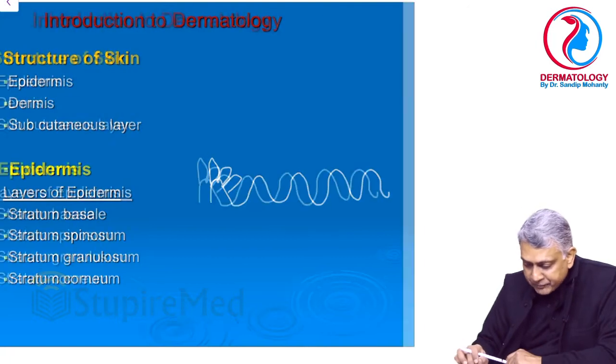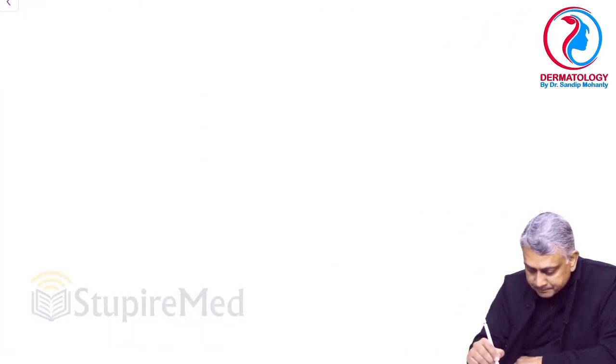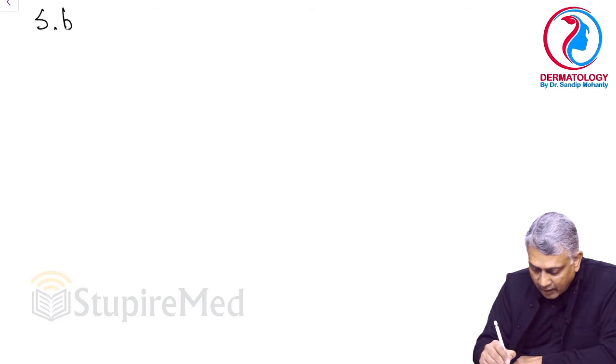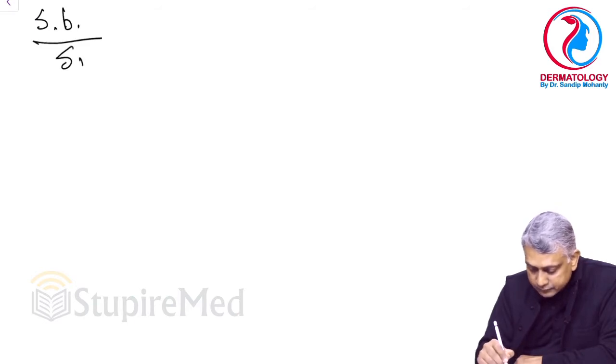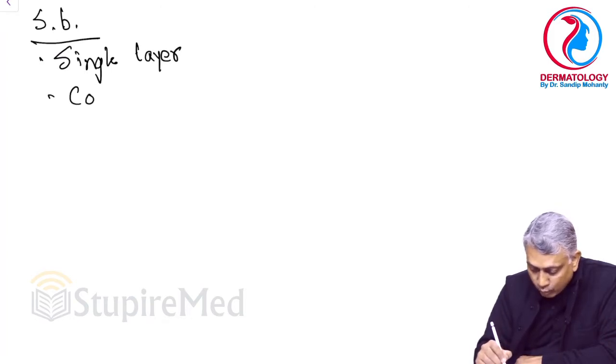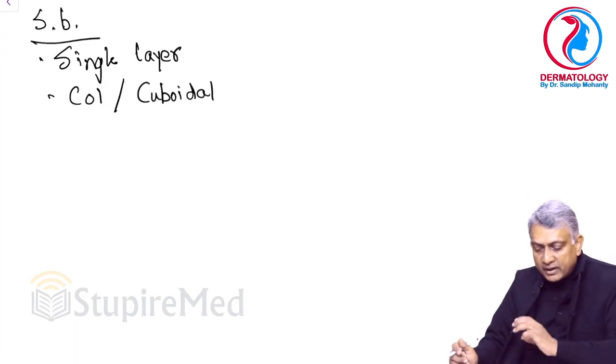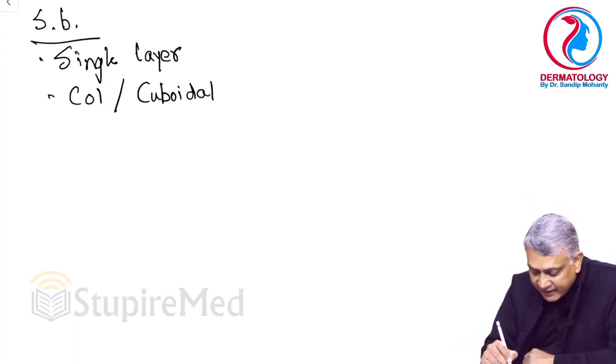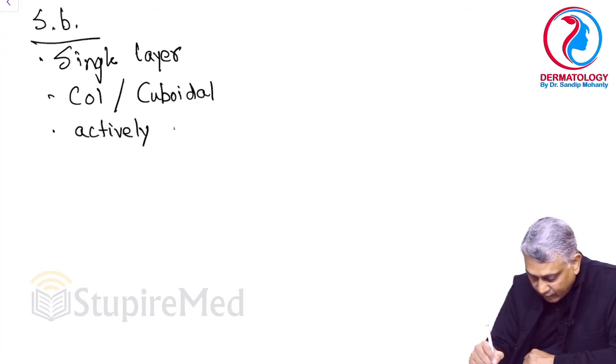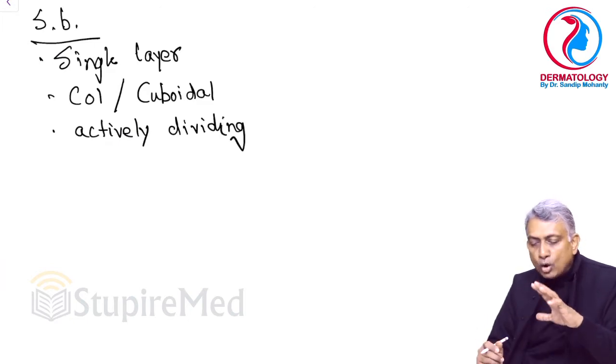This stratum basale is a single layer composed of columnar or cuboidal cells. Also remember that the stratum basale is the actively dividing layer of the epidermis. Right, so this is about stratum basale.